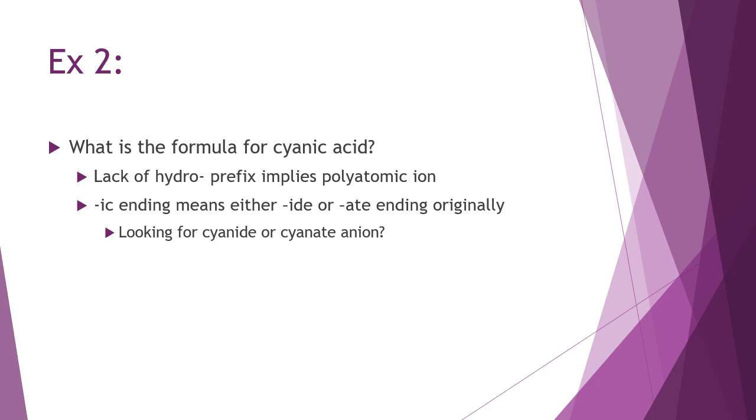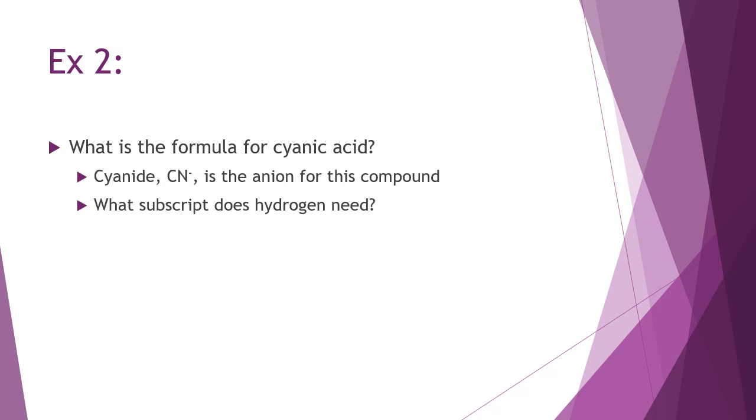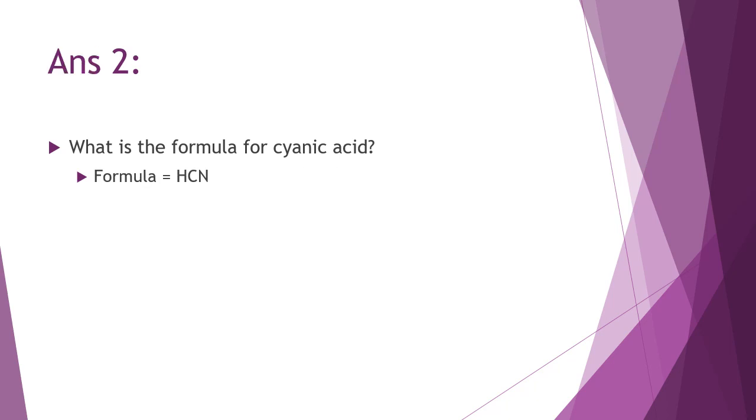So we are looking on our polyatomic list for either cyanide or cyanate. Cyanide is an ion that's found on our list, and so it must be that CN with a -1 charge is the anion involved in this compound. Now that we know the charge for our anion, what subscript will our hydrogen need? The formula for cyanic acid will be HCN. Since CN has a -1 charge, I will only need one hydrogen in order to balance out its charge.